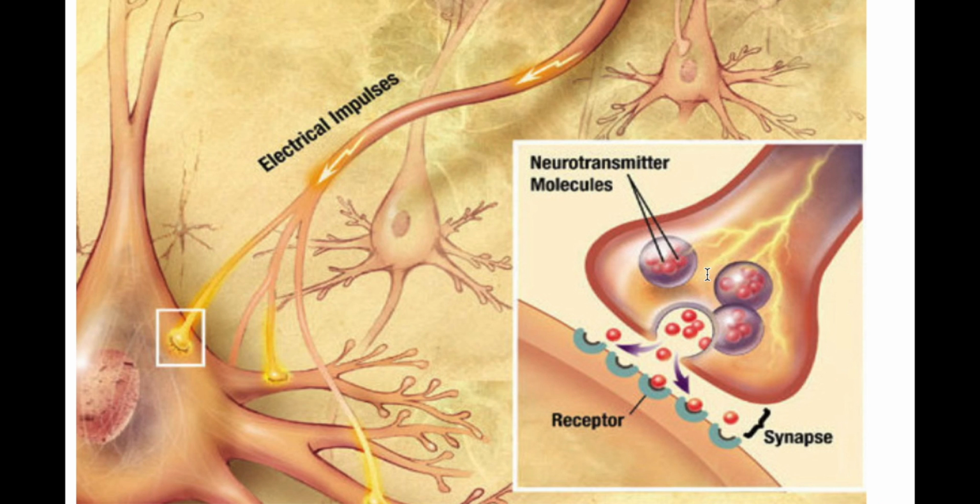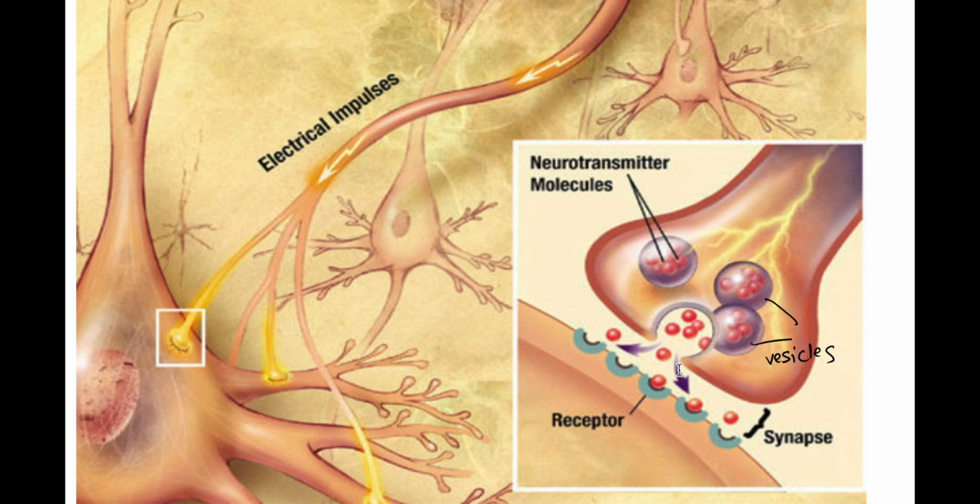Again, the sodium ions play a fundamental role. They trigger these vesicles to release neurotransmitter molecules. So these vesicles containing neurotransmitter molecules, the sodium ions trigger them to bind to the membrane, and that allows them to break open and let free these neurotransmitter molecules into the synaptic cleft.